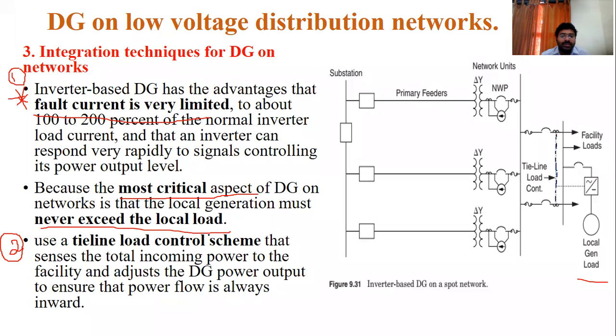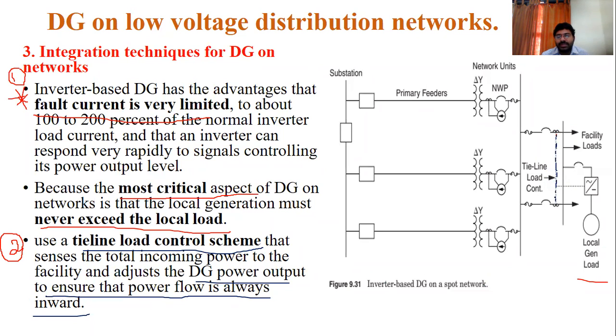You can see this dotted line, this tie line. Use a tie line load scheme that senses the total incoming power to the facility and adjusts the DC power output to ensure that the power flow is always inward, nothing but less than this one. Tie line power, tie line load connector.